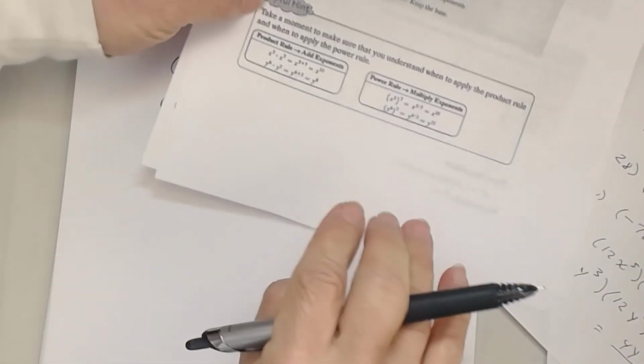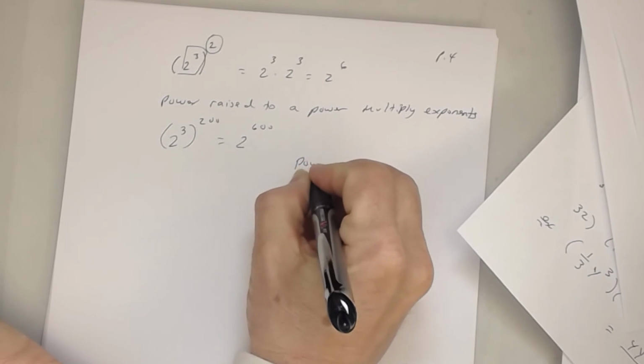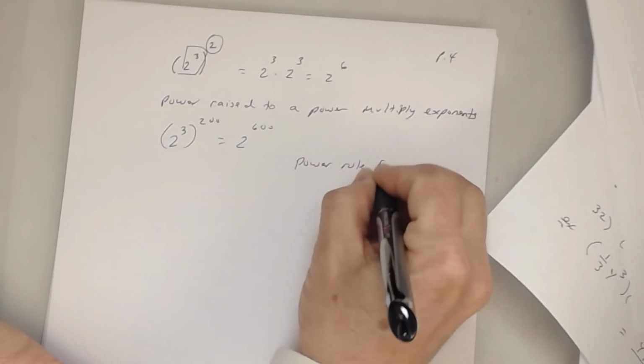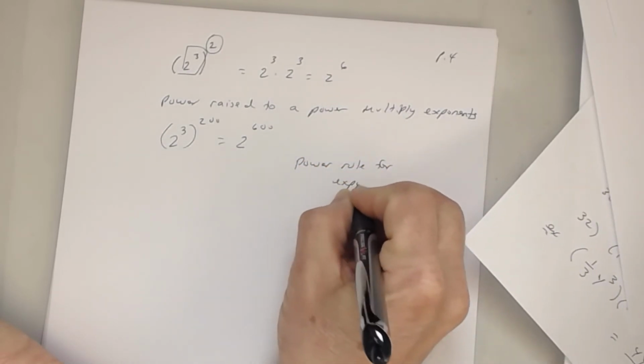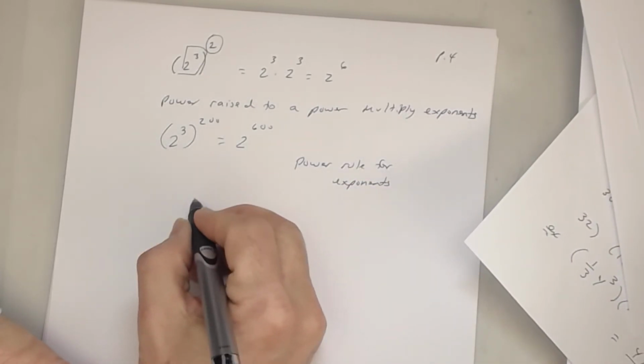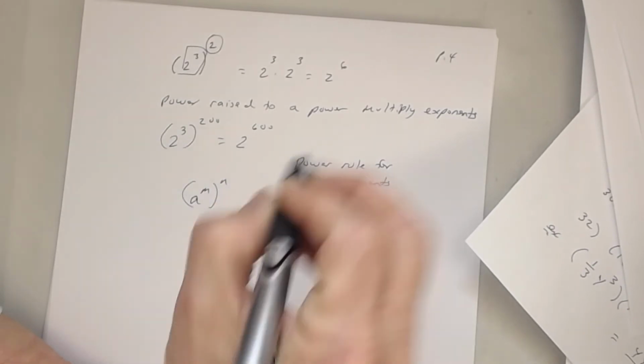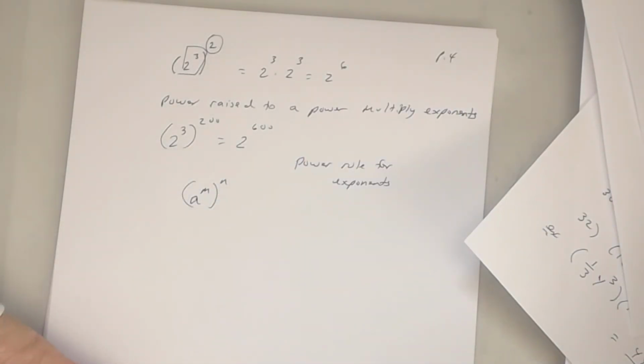Okay, so this is called the power rule for exponents. The power rule for exponents says this. If I have a to the m power, and that's being raised to the n power, then what do I do to those exponents?